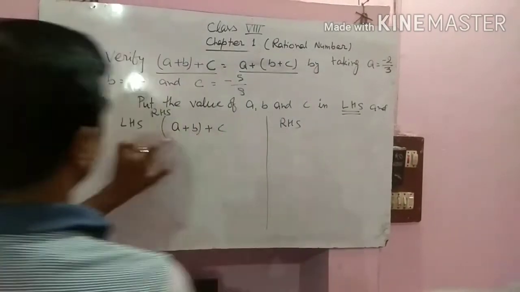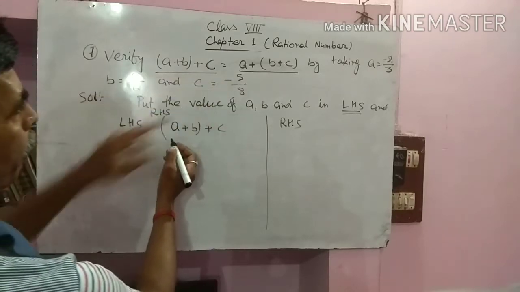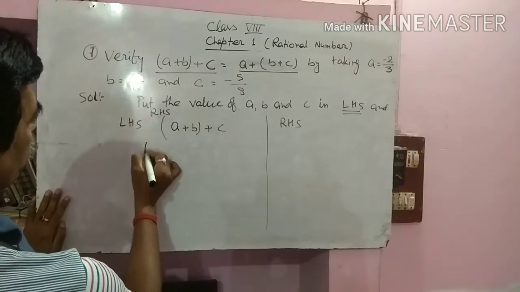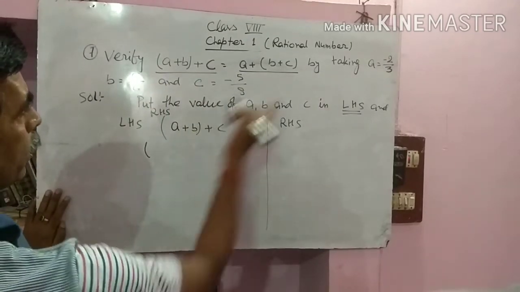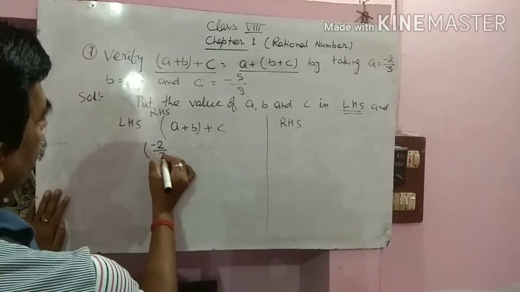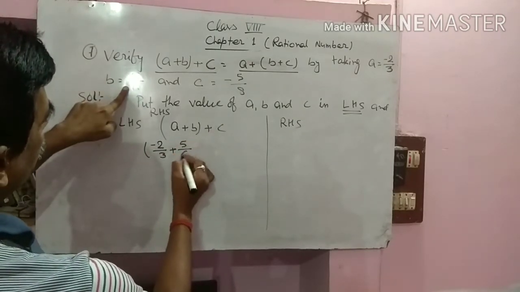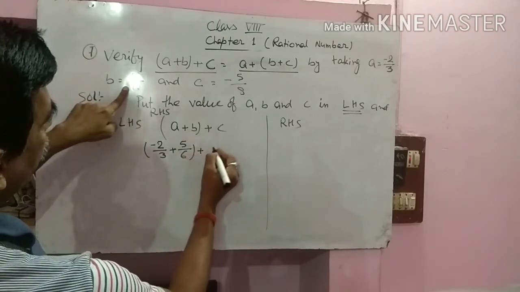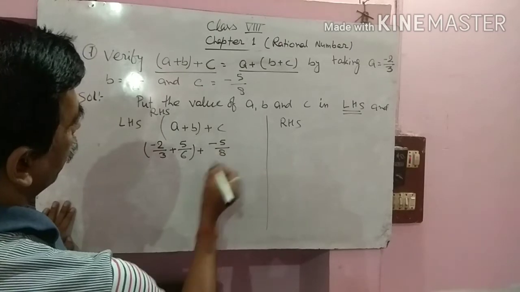Suppose I have written LHS here; the value of A is given as minus 2 by 3. All the numbers are given in standard form, so I just write the value of A, which is minus 2 by 3 plus 5 by 6 plus minus 5 by 8.